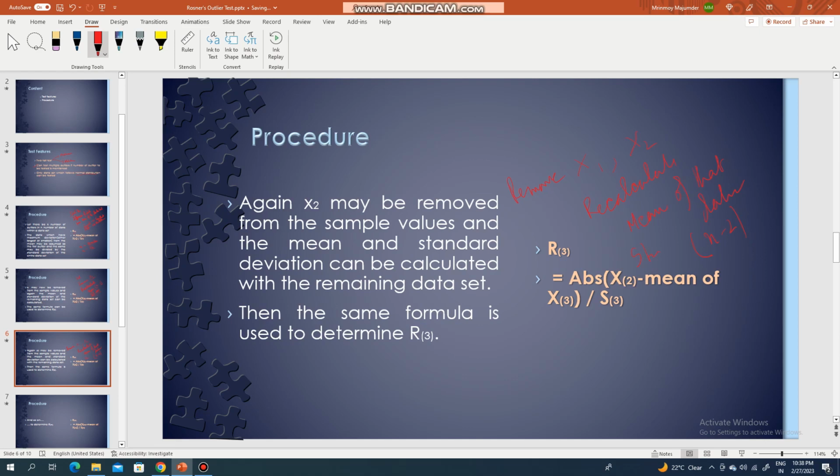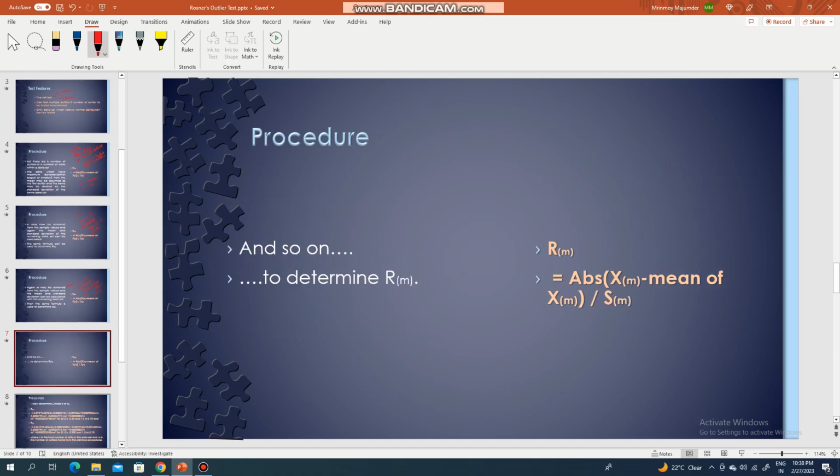Here is the same formula, which will give you R3. Then in a similar manner you will calculate up to m, the maximum number of outliers that you have assumed.